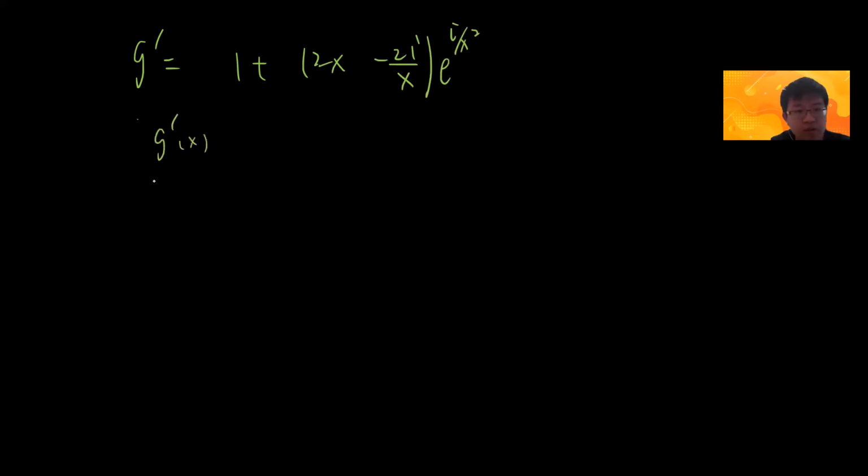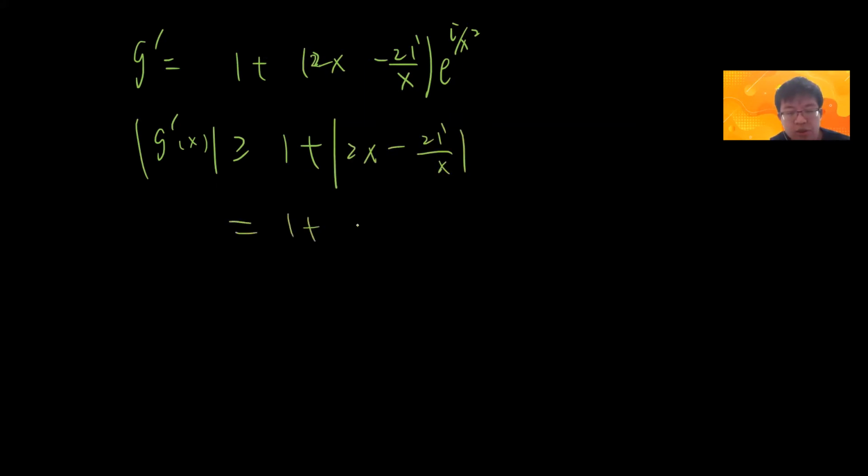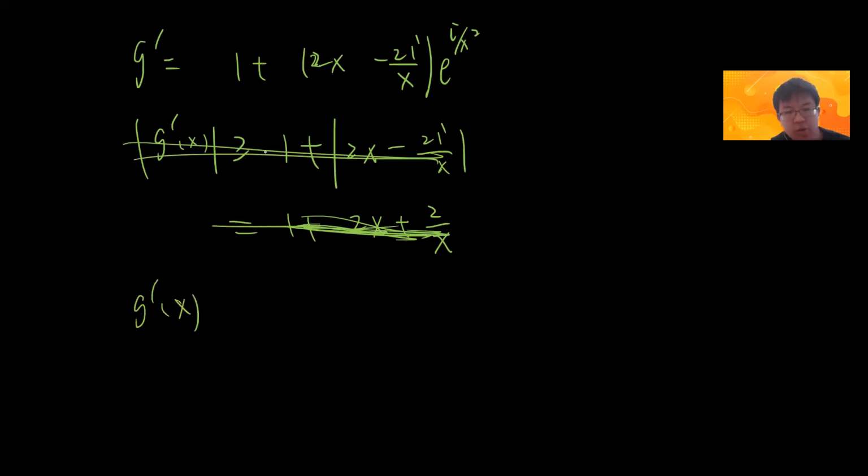So the absolute value of g prime of x is greater than or equal to 1 plus the absolute value of this term. Sorry, I used the wrong direction of the inequality.